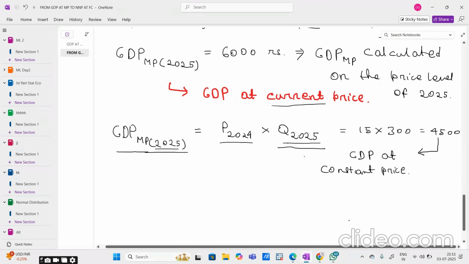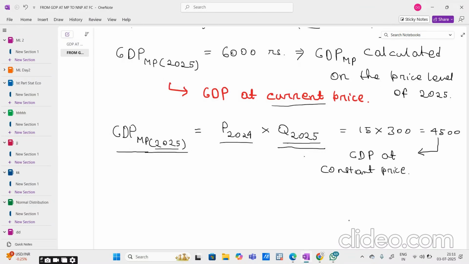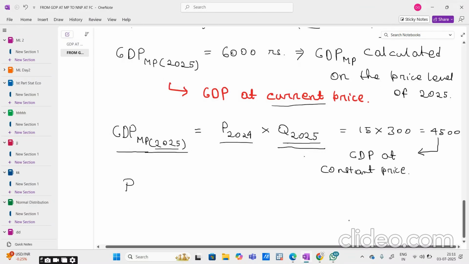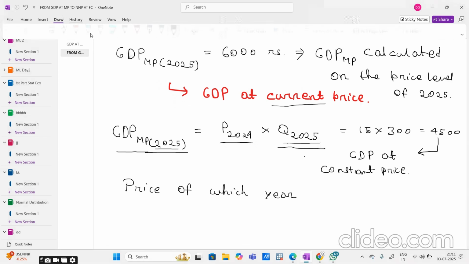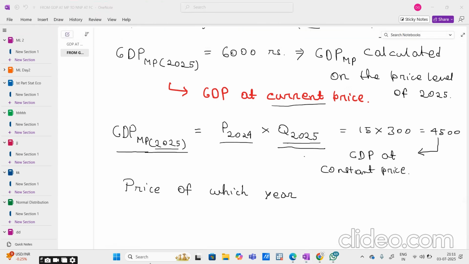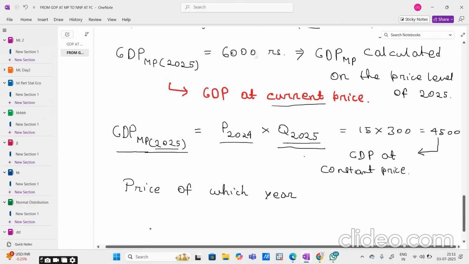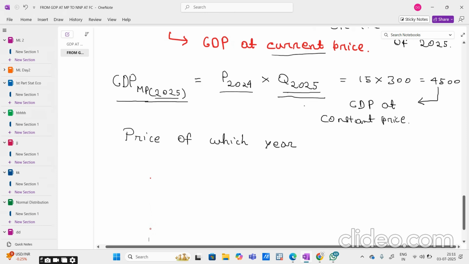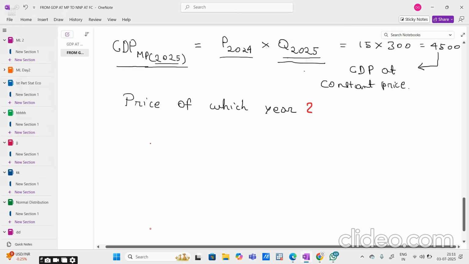And whenever you are calculating GDP at constant price, the year that you are using, price of which year are you using?